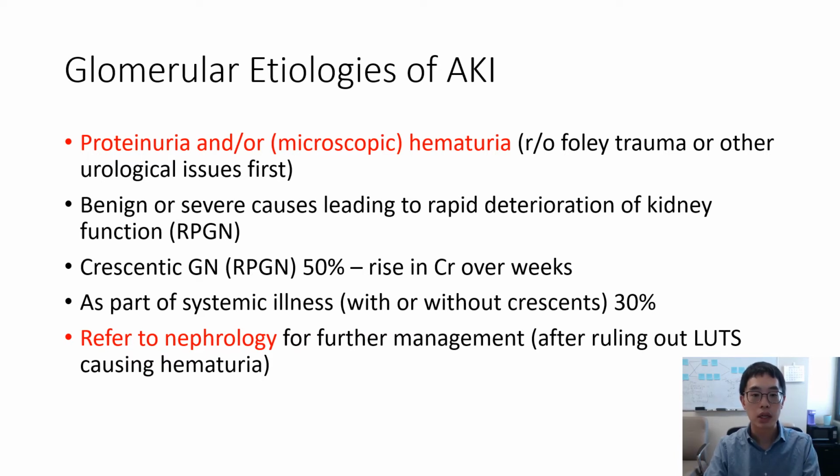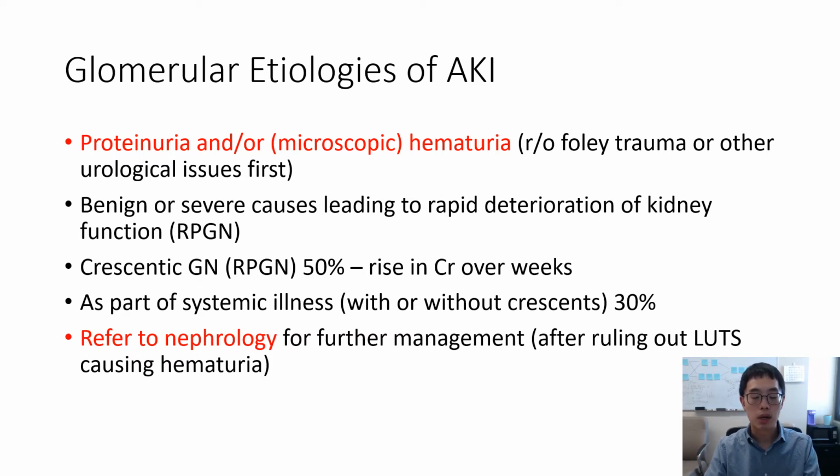Now, glomerular etiologies can range from very benign causes of AKI to pretty severe causes that can lead to rapid deterioration of kidney function. These are known as the rapidly progressive glomerulonephritides, RPGN. Most of the RPGN cases are what we call crescentic GN. In these cases, we see a rise in the creatinine, usually over days to weeks.